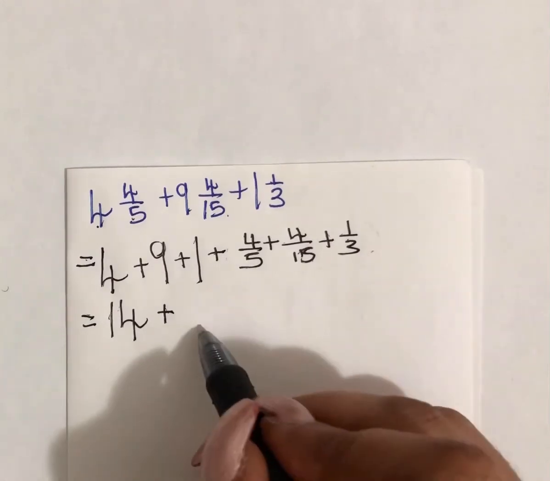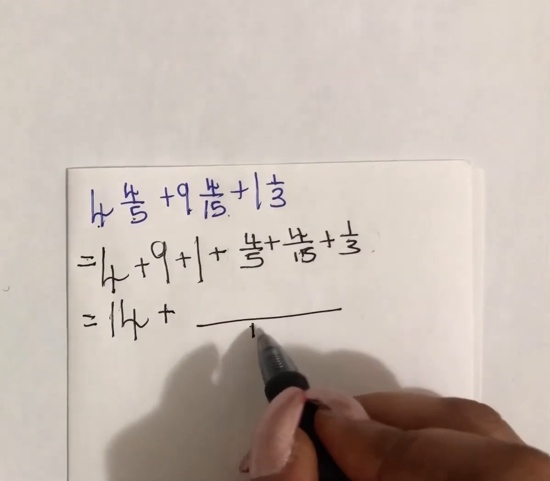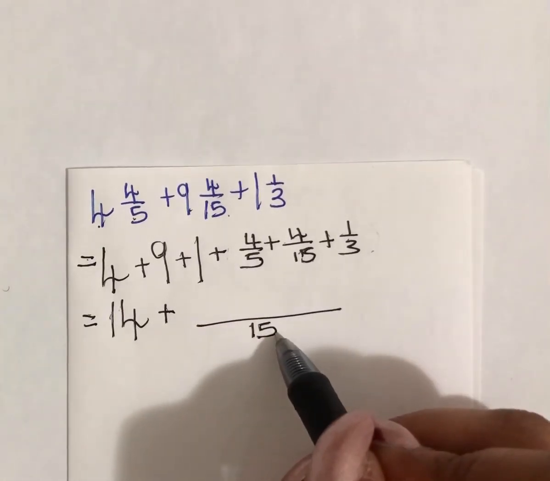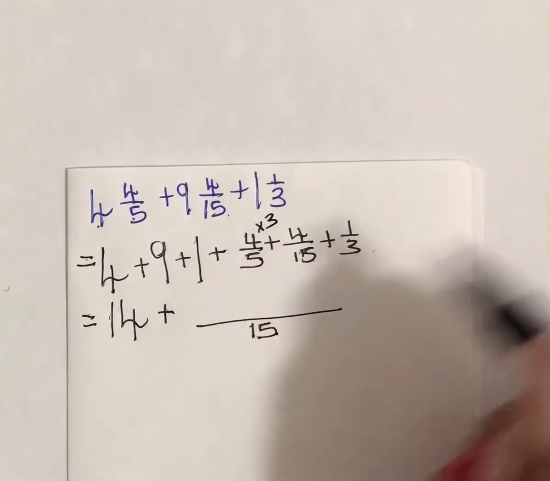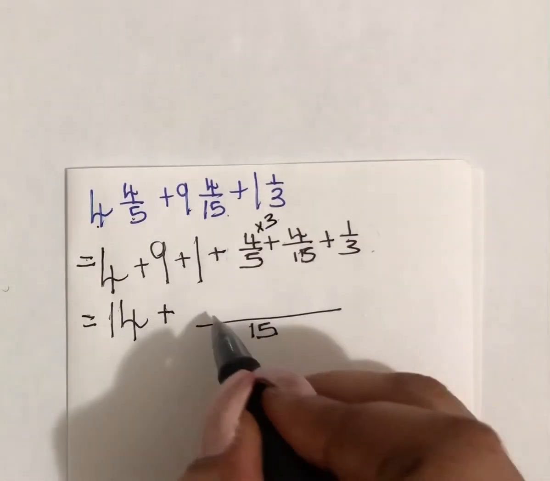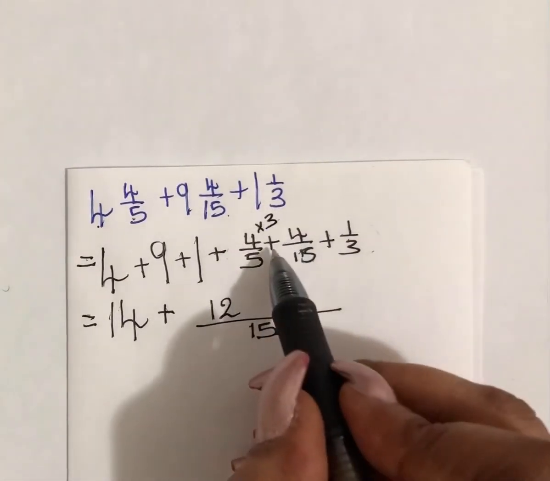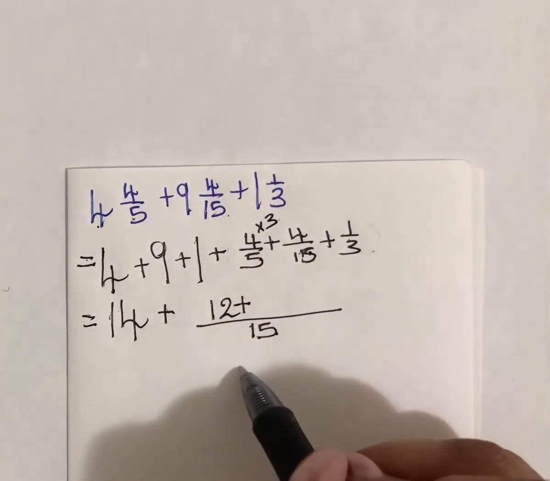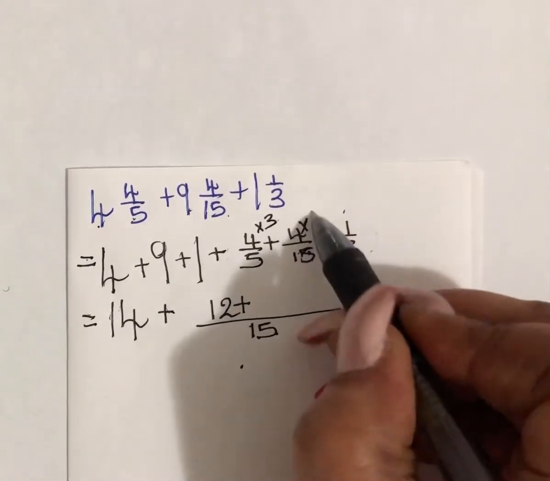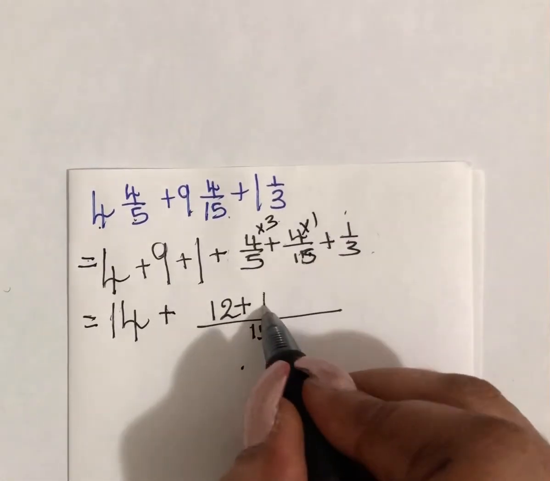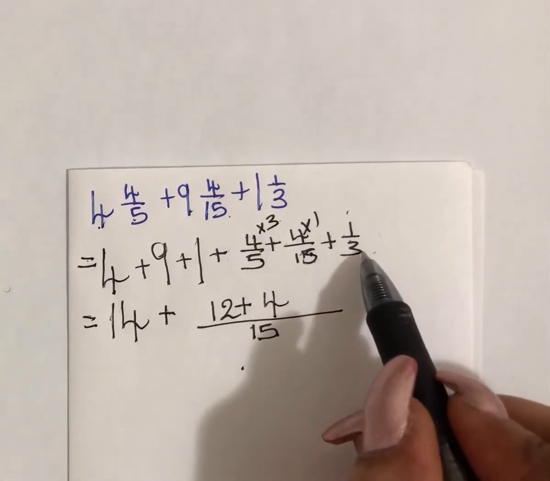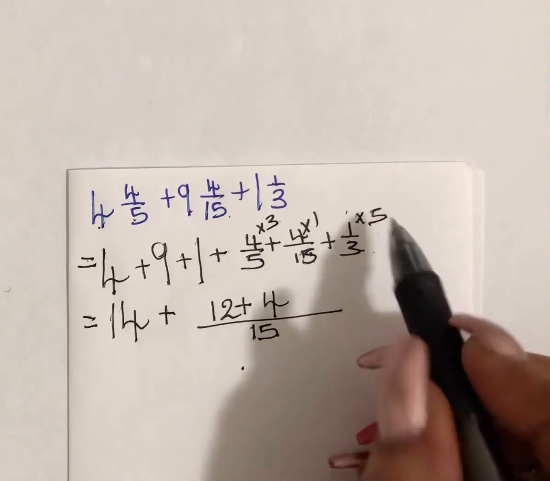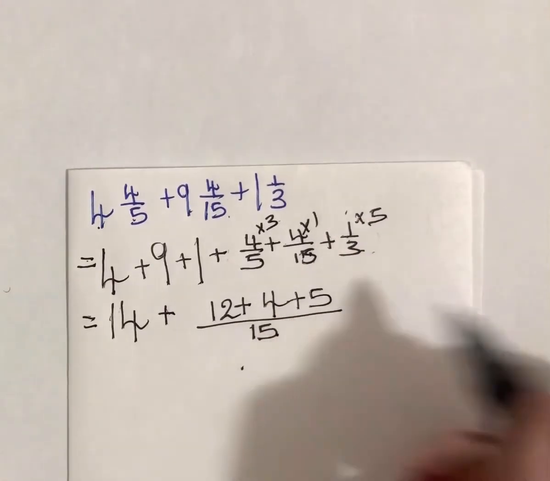All right, 5, 15, and 3. The lowest common denominator is 15. 5 goes into 15 3 times. 4 times 3, 12. Our operation is addition. 15 into 15, 1. 4 multiplied by 1 is 4. 3 into 15, 5 times. 1 multiplied by 5 is 5.